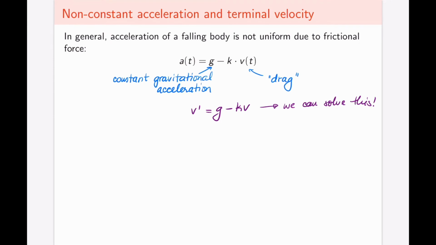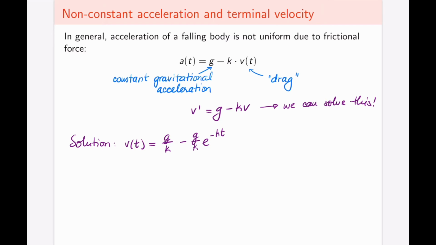Now recall that the formula for the type a minus by was a bit complicated, but altogether the solution would then be that the function v of t is equal to, remember it was a over b, so g over k, minus a over b, so g over k, e to the power minus bt, so minus kt over here.